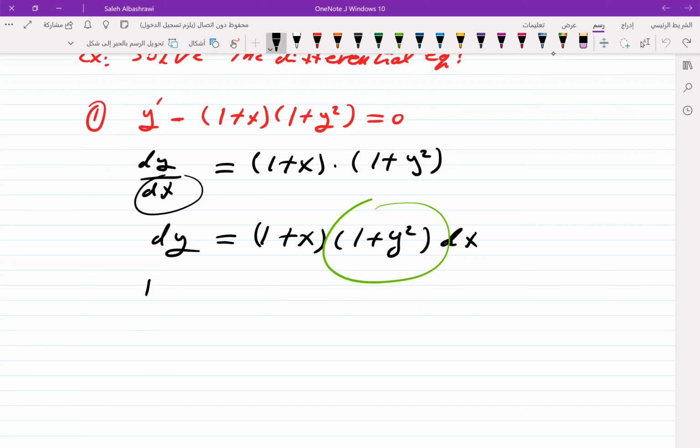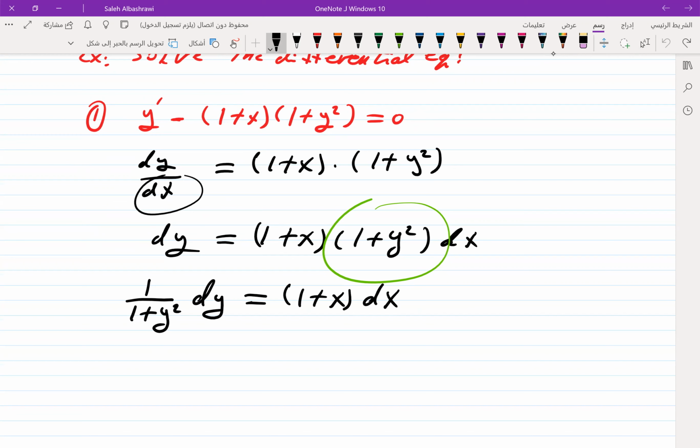So I will have 1 divided by (1 plus y squared) dy equal to (1 plus x) dx. Now in the left hand side, we have only y and there is no x, and the right hand side contains only the variable x, there is no y. So we separated the variables, we separate x from y.